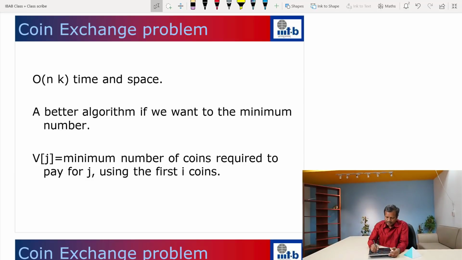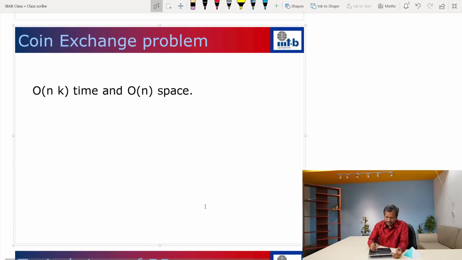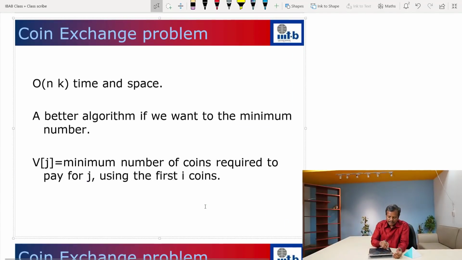Second row, when I compute, instead of creating another row, I will overwrite the first row. So when I'm going into the second loop, I am implicitly assuming that I am considering the second type coin, and whatever answer that I get, this 15 will be overwritten with 3. The first row will be overwritten by the second row.